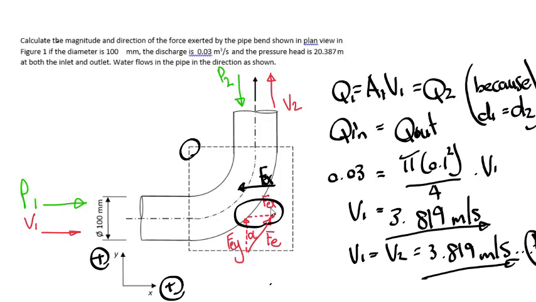We only have forces here, which is P2, which we have to convert, and basically we only have this guy and FEY. We don't have any other forces or velocities in that direction. We only have these three. Okay, so let's just quickly delete those circles.